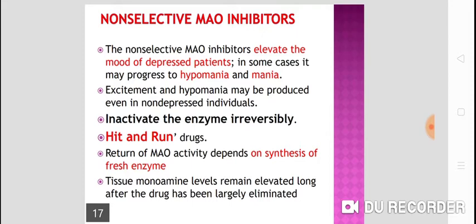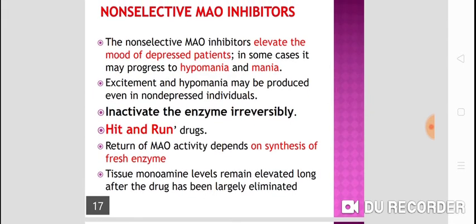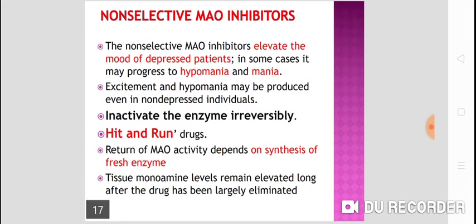Now, these non-selective monoamine oxidase inhibitors inactivate the enzyme irreversibly, and that's why these drugs are called hit and run drugs. Hit and run drugs means the drug binds with the monoamine oxidase enzyme and inactivates it irreversibly, so the return of monoamine oxidase activity depends upon the synthesis of fresh enzyme.